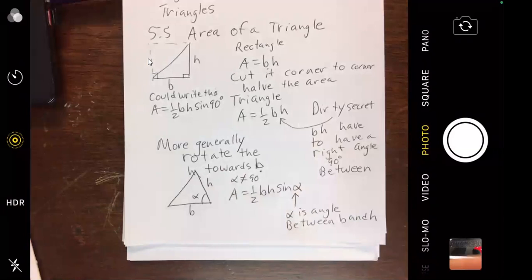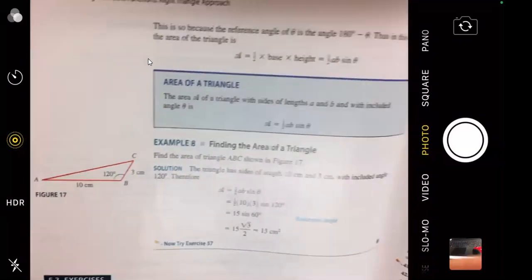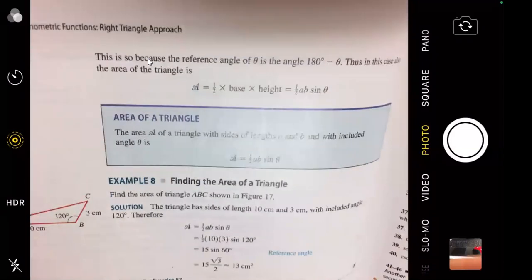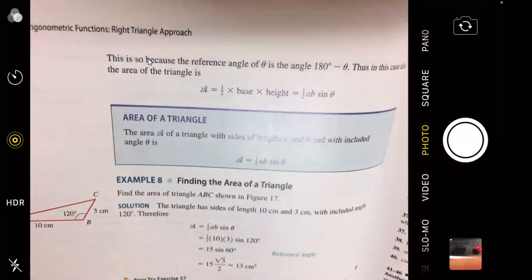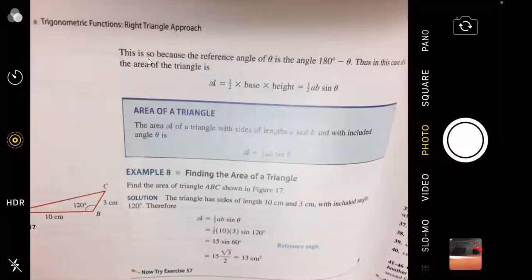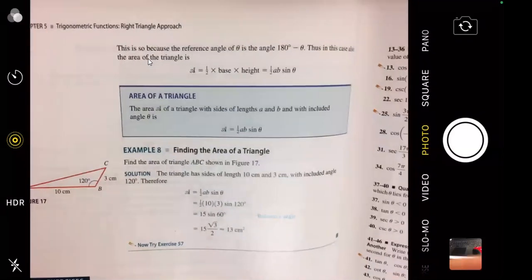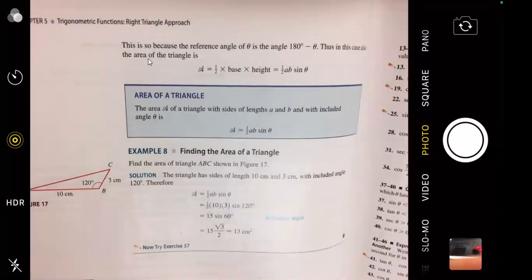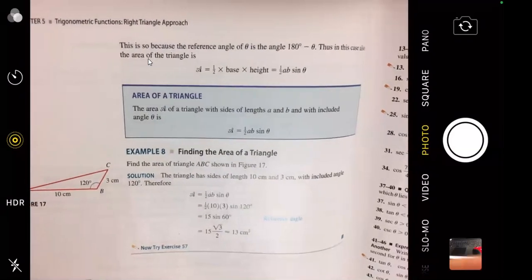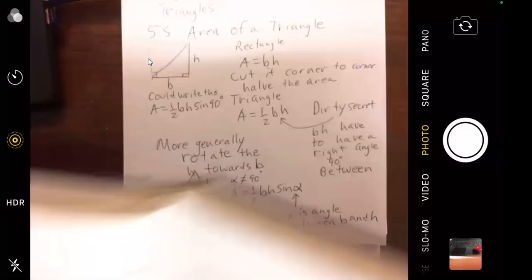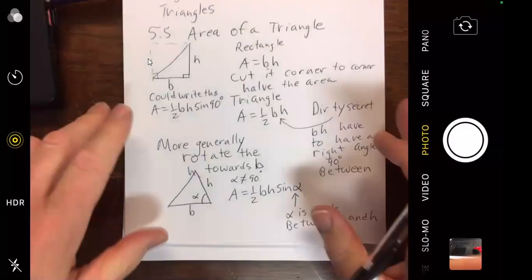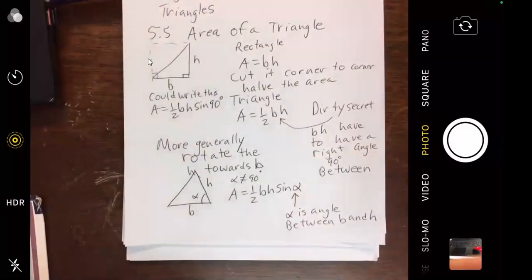I didn't cover it back then. It's in section 5.3, another formula. They have a triangle with sides A and B for side length, and the included angle. That's called the included angle. Make the theta there 90 degrees, and you have your standard 1/2 base times height. Okay, so what's the big deal?